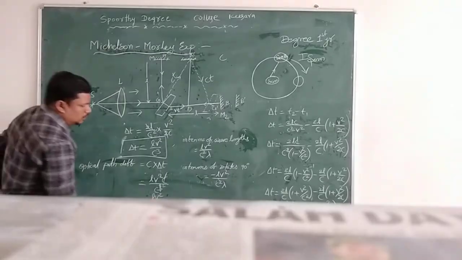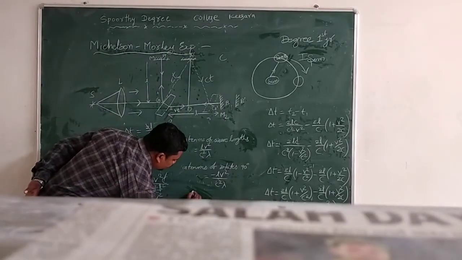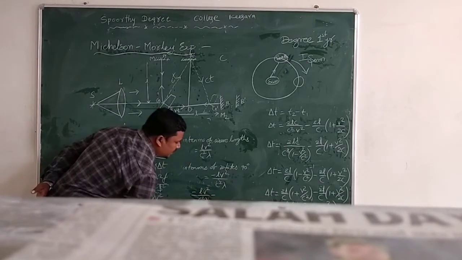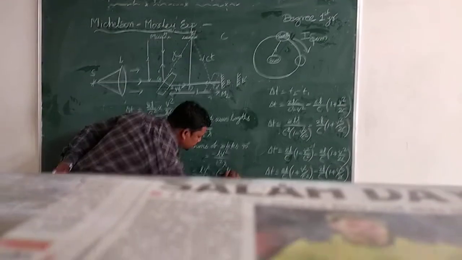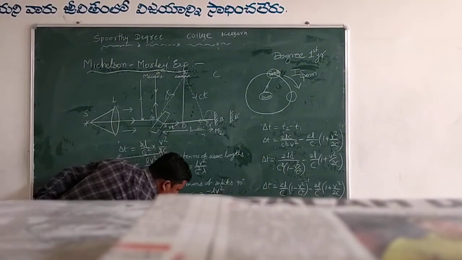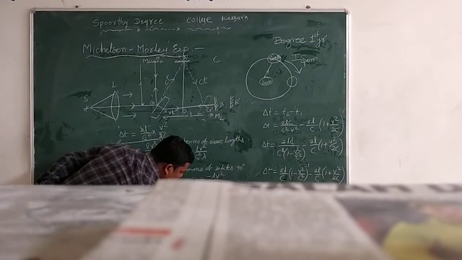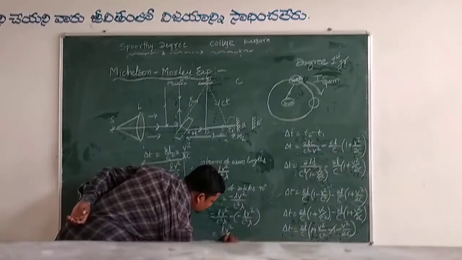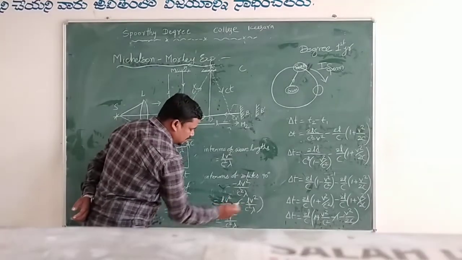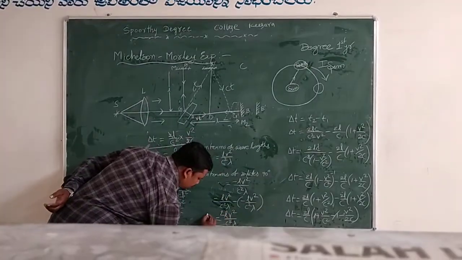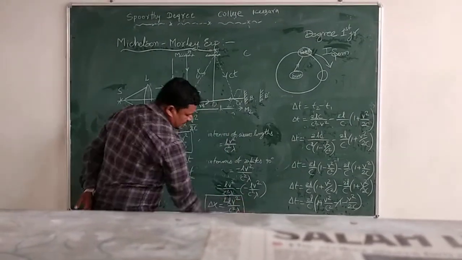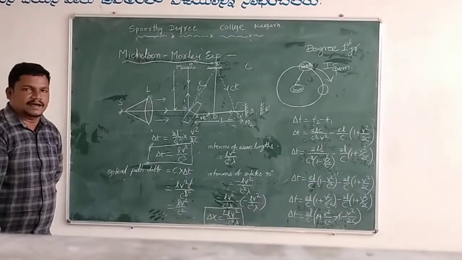Then the total value equals LV square by C square lambda minus of minus LV square by C square lambda. Minus into minus is plus, then both are the same value now, 2LV square by C square lambda.